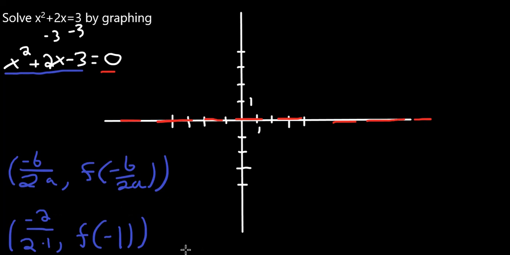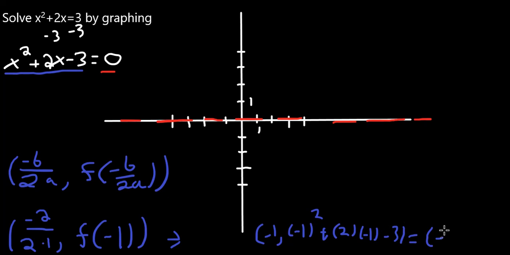If I plug in negative 1 here, I'm going to get negative 1 squared plus 2 times negative 1 minus 3, which will become 1 minus 2 is negative 1, and then minus 3 is negative 4. So we have our vertex at the point negative 1, negative 4, which is down here.